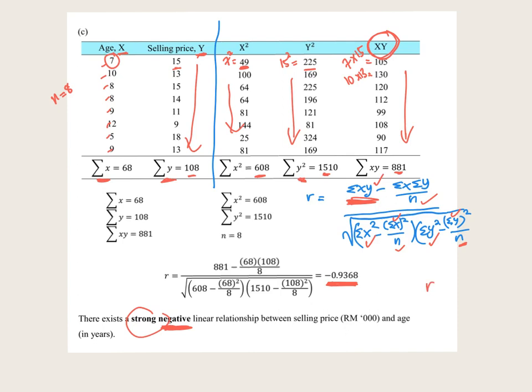If the value of r falls between negative 1 and negative 0.8, this is a strong relationship. So that's why in the comment we say there is a strong negative linear relationship between selling price, the y, the dependent variable, and age in years, the x, the independent variable.